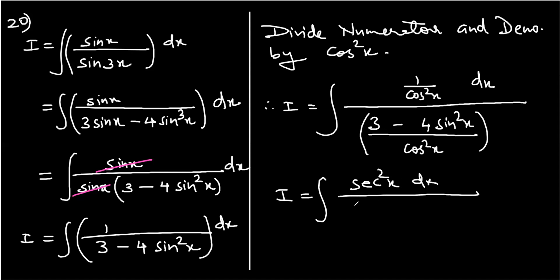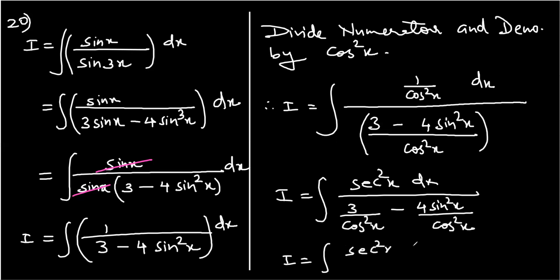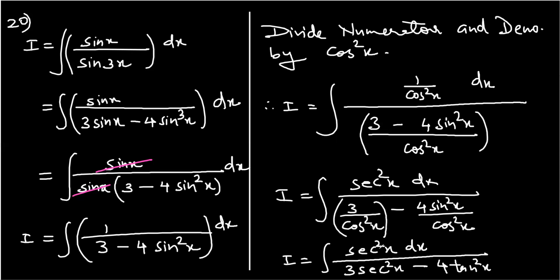So 3 upon cos square x minus 4 sine square x upon cos square x. So I get I equals to sec square x dx, and 3 upon cos square x is 3 sec square x minus 4 tan square x, because sine square x over cos square x is tan square x.